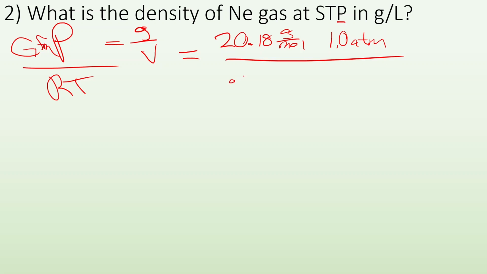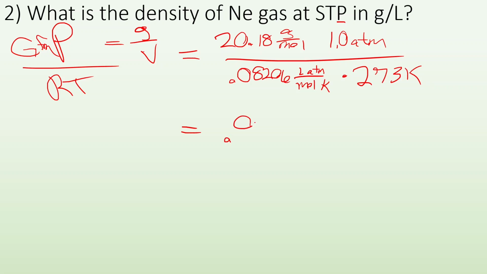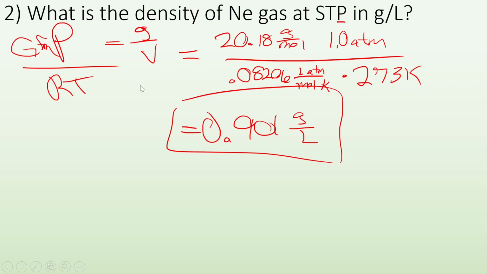For atmospheres, R is 0.08206 liter atmospheres over mole Kelvin, and my standard temperature is 273 Kelvin. When I plug and chug and do all that math, I end up with 0.901 grams per liter. That would be my final answer.